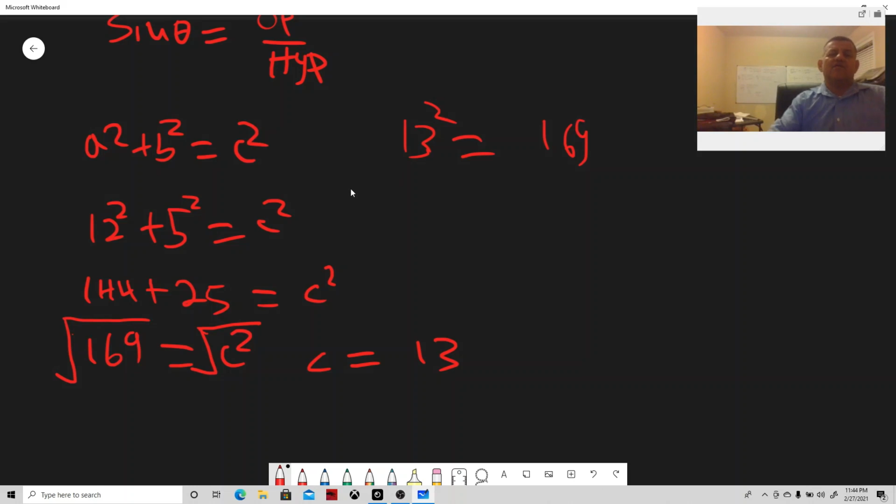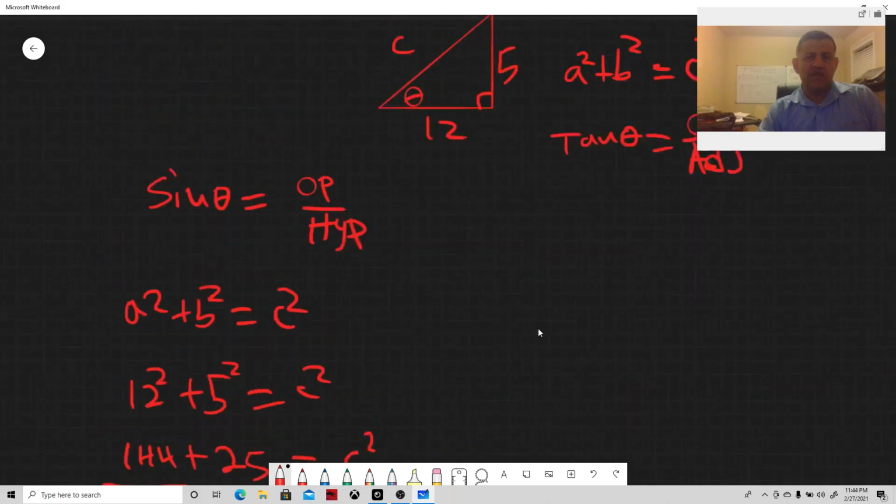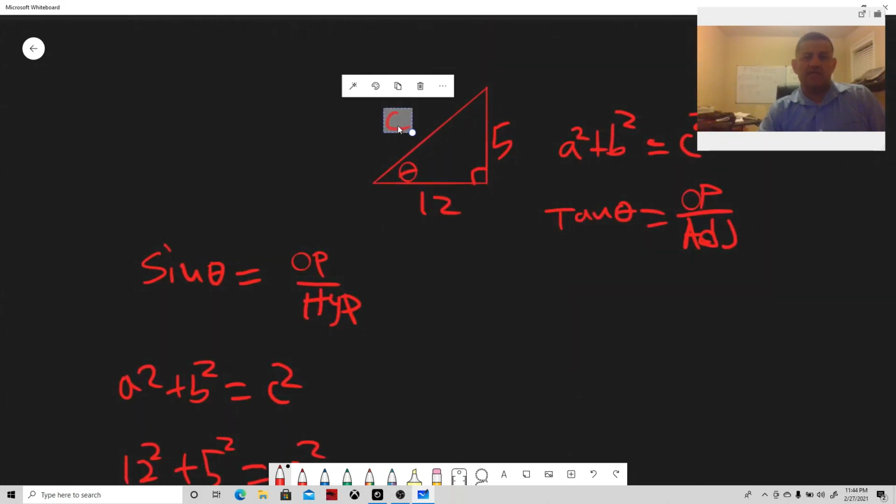That's how you know. So now we can come back to this triangle, get rid of that C, and put 13 in there, because we found out that it's 13. Easy enough, right?